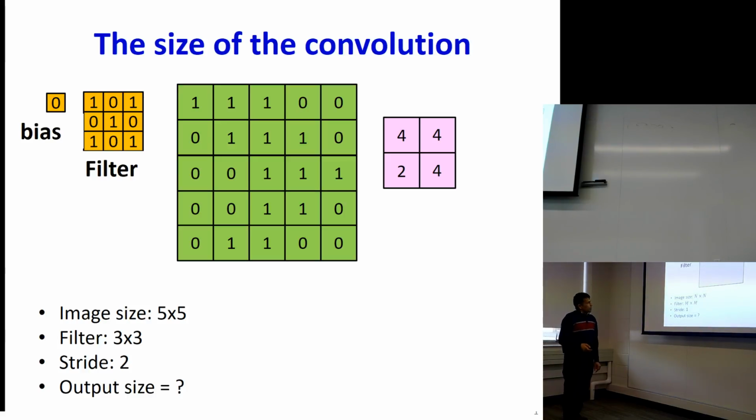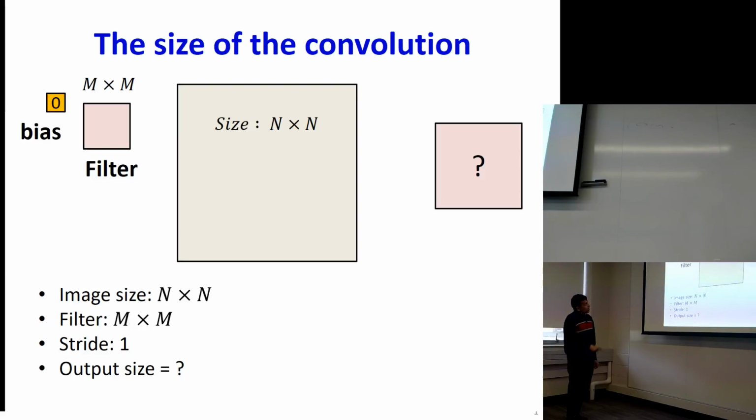you began with. So in general, if you have an n cross n image and you're scanning it with an m cross m filter, and if you have a stride of 1, what would the output size be? So you're going to move till you can no longer go without falling off, right?